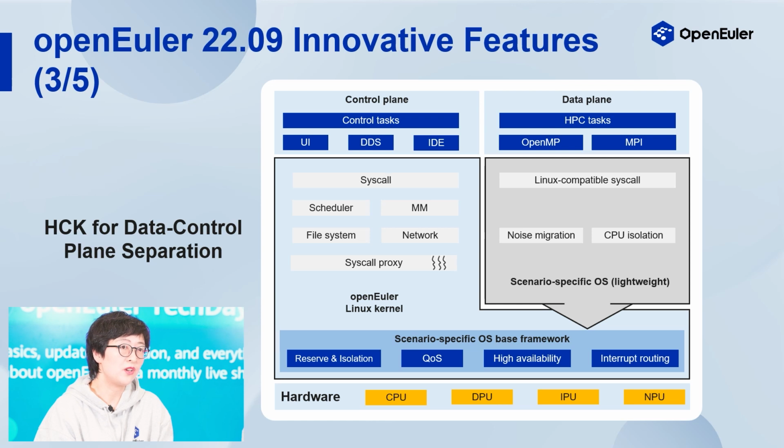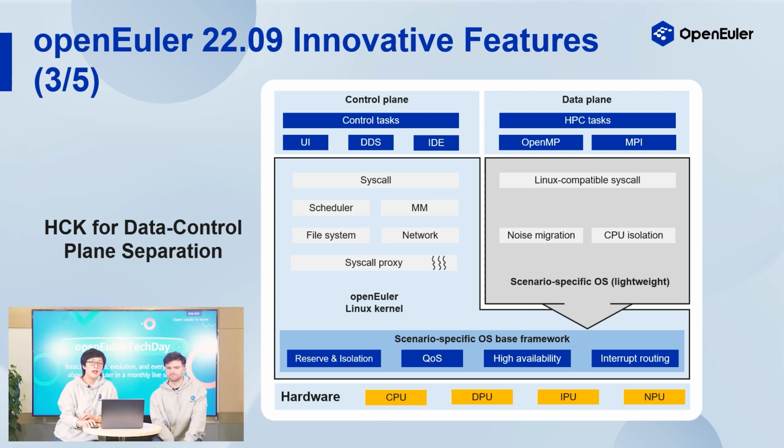Most HPC services are bulk synchronous parallel, or BSP, models that combine parallel communication and synchronization. But in many cases, they cause system noise that is detrimental to performance. Right.